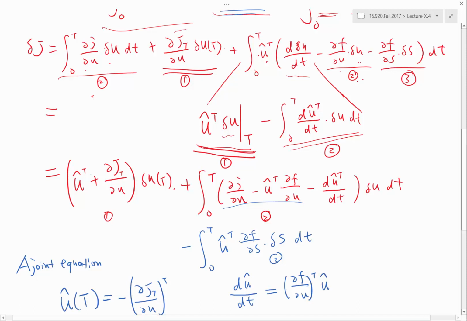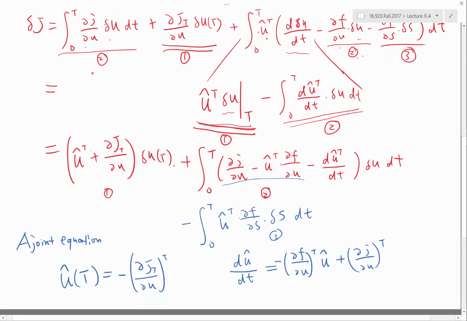The transpose of the product is the product of the transpose while switching the two terms. And minus, oh sorry, this term is minus. The dJ/du is plus. So this equation is what's needed to make the delta u term in the integral completely 0 for any delta u, right?